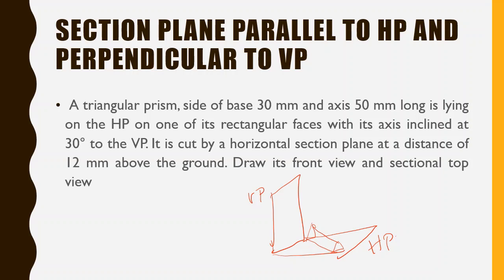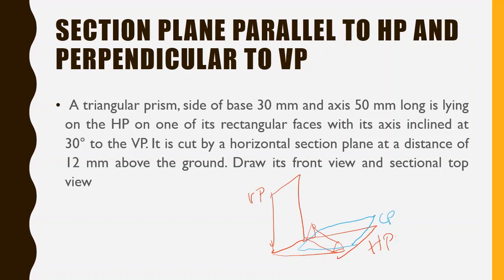So just for viewing I am showing. So this is nothing but your cutting plane, right? It is also a horizontal one, right? So you just imagine this, and then you are drawing the top view and then front view.